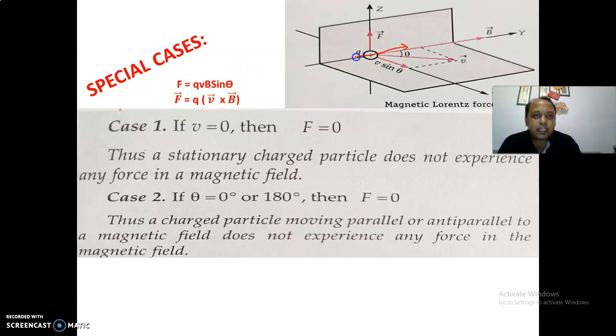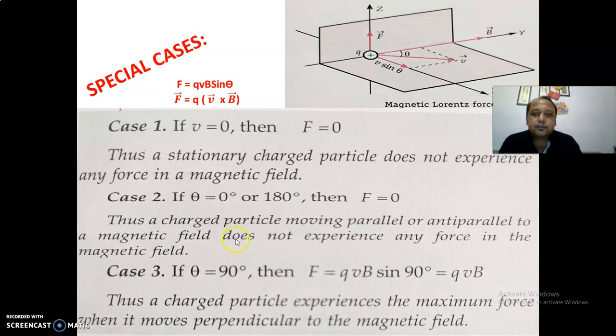If the charged particle is moving opposite to the applied magnetic field, then theta becomes 180 degrees, and then also the force is 0. So when the charged particle is moving parallel or anti-parallel to the magnetic field, the force on it will be 0. I hope this is clear to you.